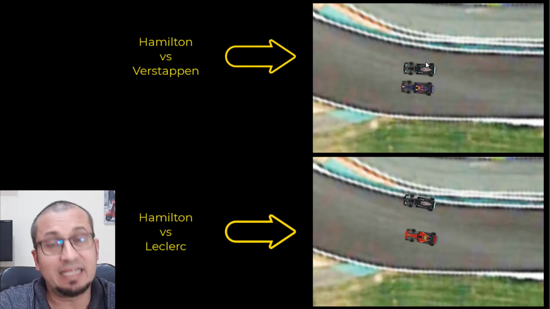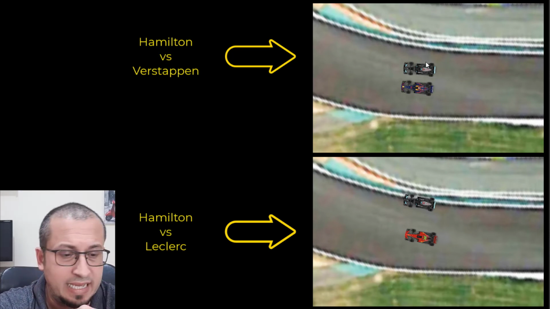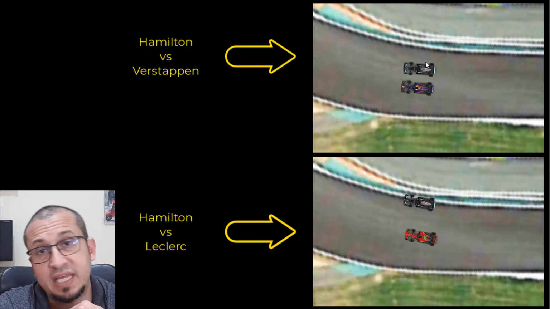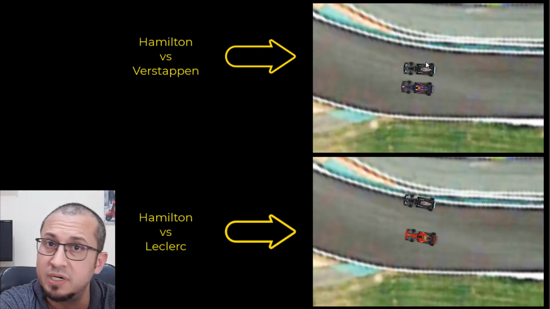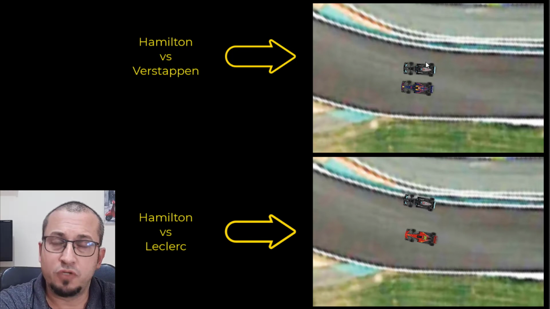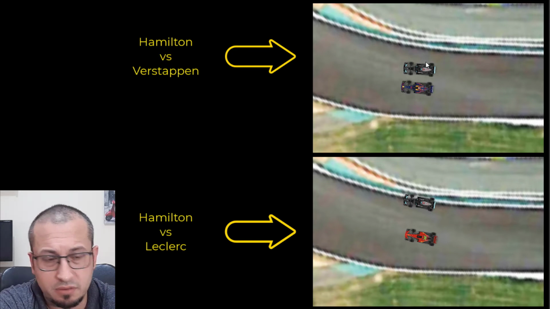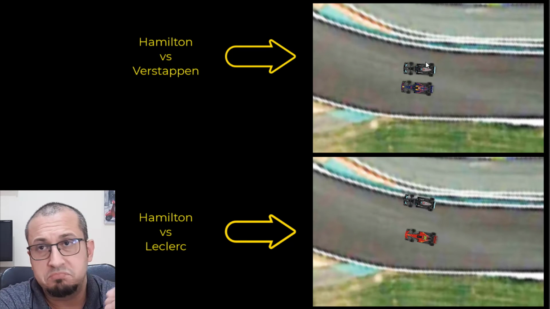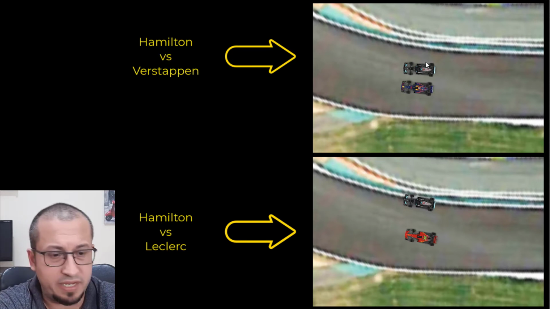Now, analyzing the punishment, the 10 seconds penalty that Hamilton got, I understand the stewards' decision about it. If we suppose that it's a race incident, none of them are guilty, or both of them are guilty. I don't mind. There was no effect in punishing Verstappen. He was already punished.